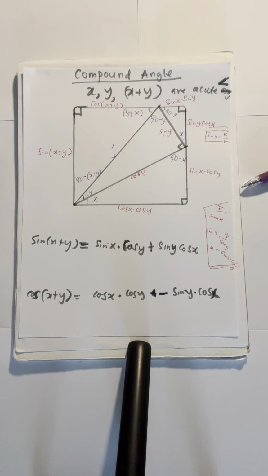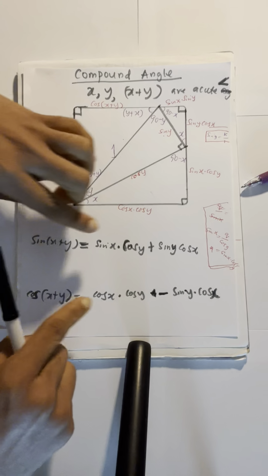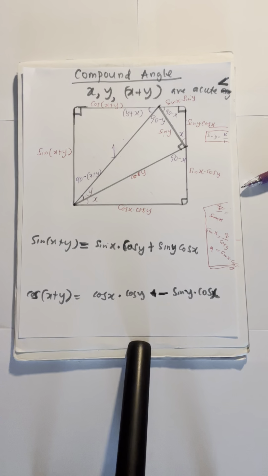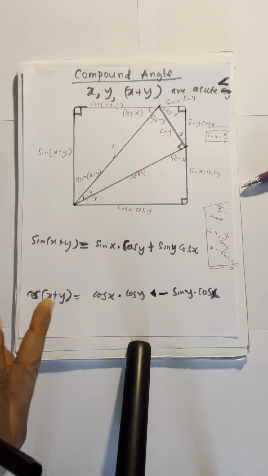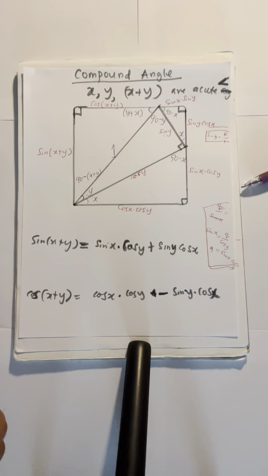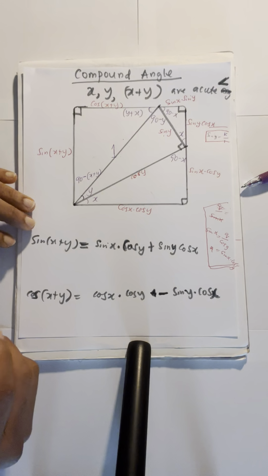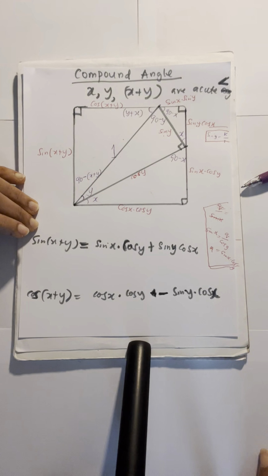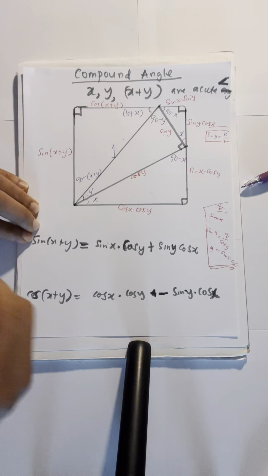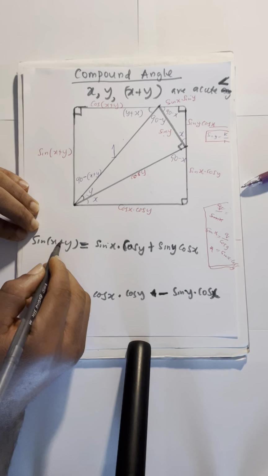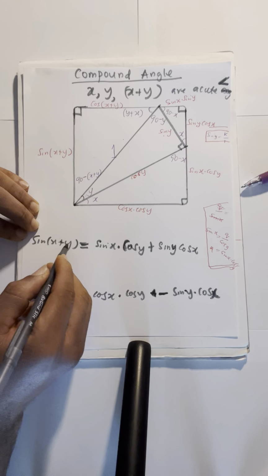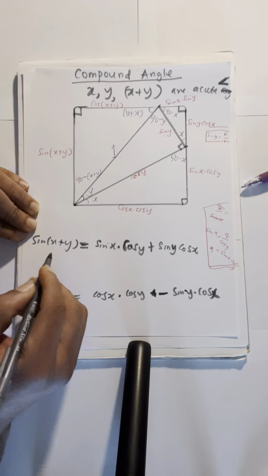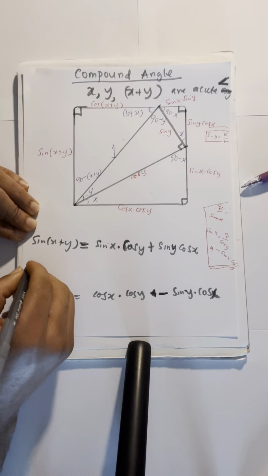Having done this, we've been able to get two identities, two compound angles formulas. So what would I do now? What if I replace plus y with minus y?